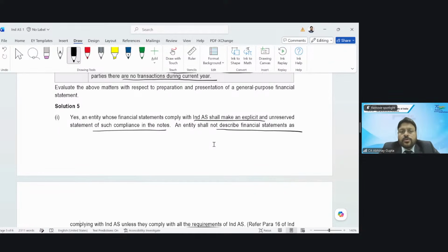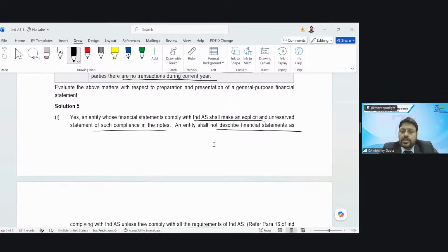So the auditor's view will reflect in their audit report, management's view will reflect in the financial statements, right? So financial statements are the property of the management, not the property of the auditor, right? The auditor's property is the auditor's report. So auditors have the right to say whatever they want to say in their audit report, right? But management has all the rights to say whatever they want to say in their financial statements, right?